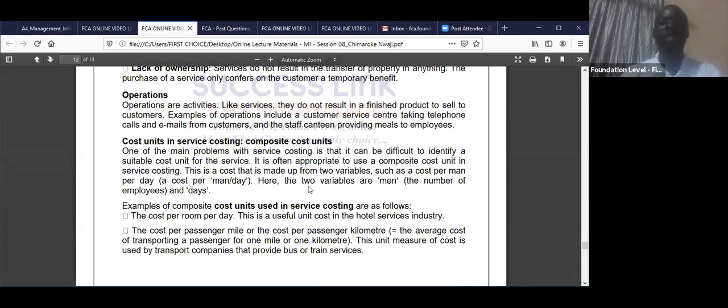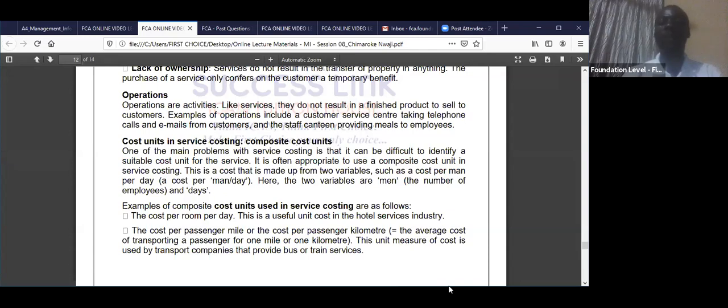Cost unit in service costing, we have composite cost units. One of the main problems with service costing is that it can be difficult to identify a suitable cost unit for the service. It is often appropriate to use a composite cost unit in service costing.